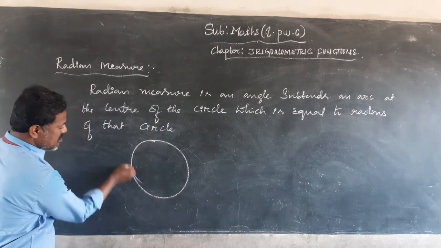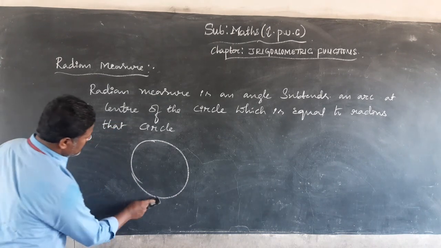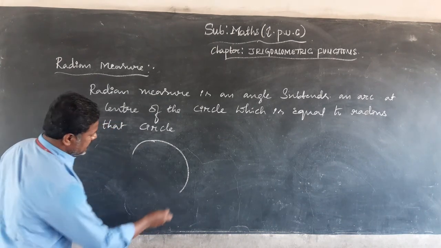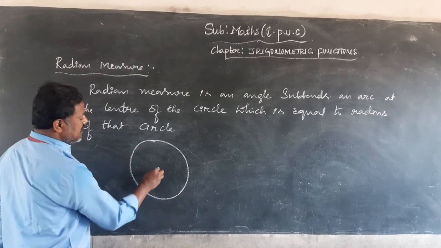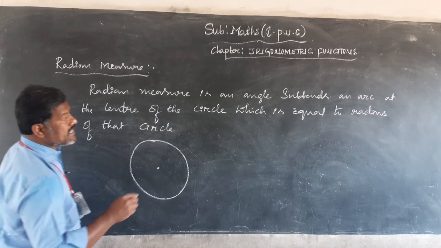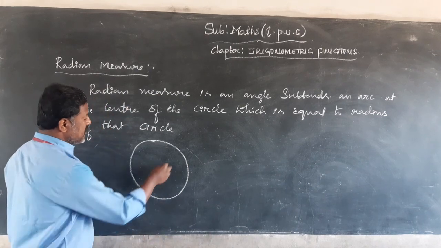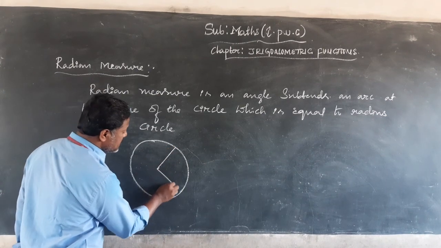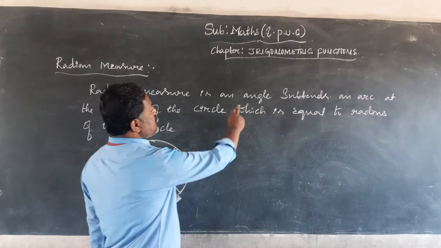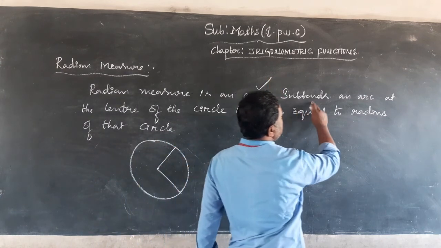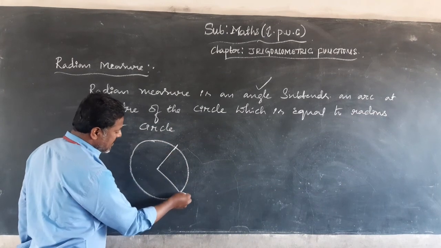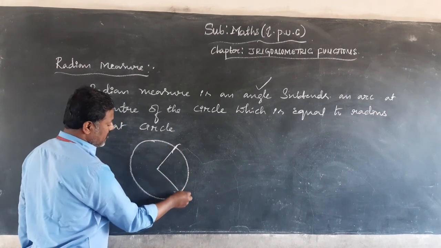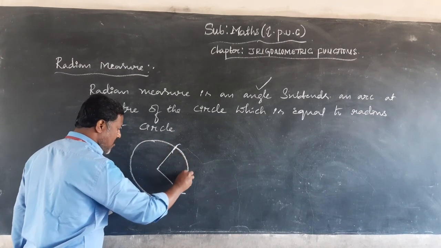See children, so it is a circle. Radian measure is an angle subtends an arc at the center of the circle. So this is what we call an arc.